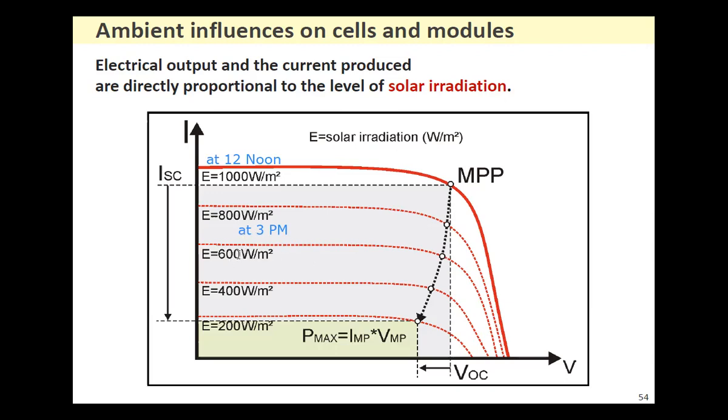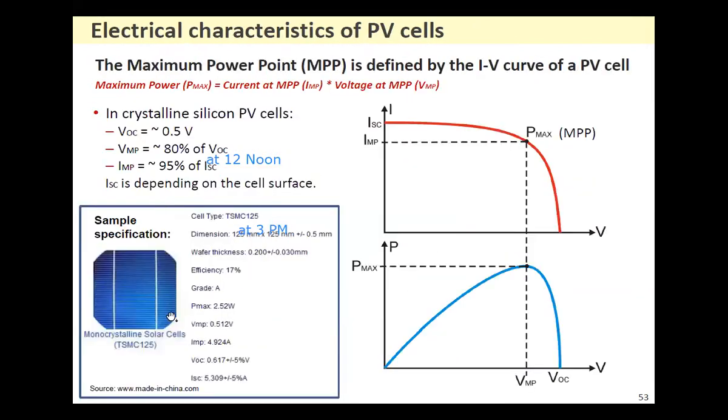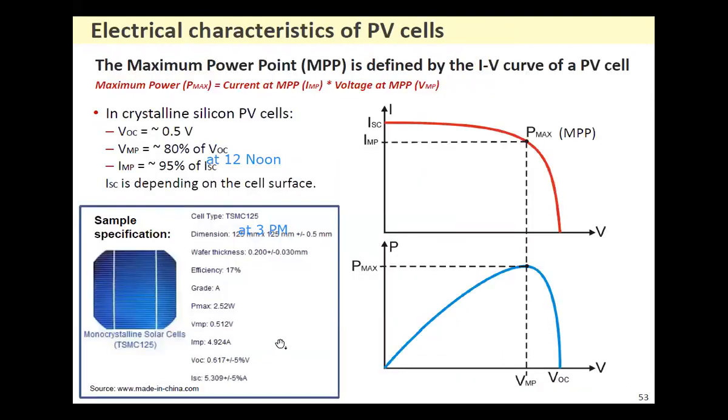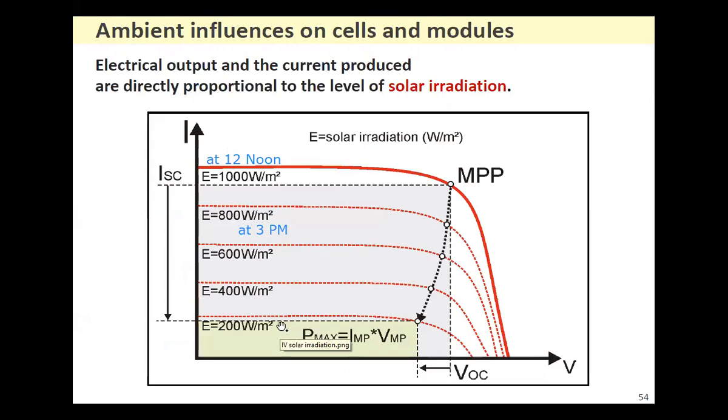So at that time of the day, the maximum power point is now shifted. In the previous slide I showed you the voltage VMP and current IMP based on that cell, and this is at the standard conditions of 1000 watt per meter square. But for the rest of the day, this maximum power point varies. It is not located there.